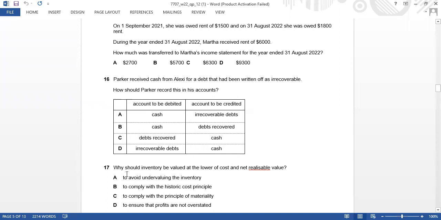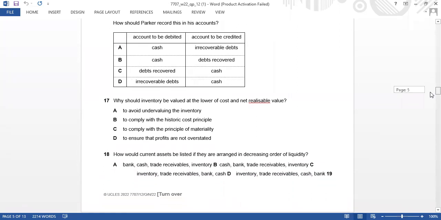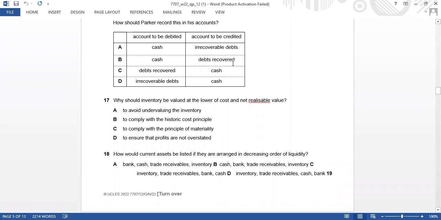So we have question 17. Why should inventory be valued at the lower of cost and net realizable value? A, to avoid undervaluing of the inventory. If we value our inventory at the lower of cost or net realizable value, our inventory won't be undervalued.